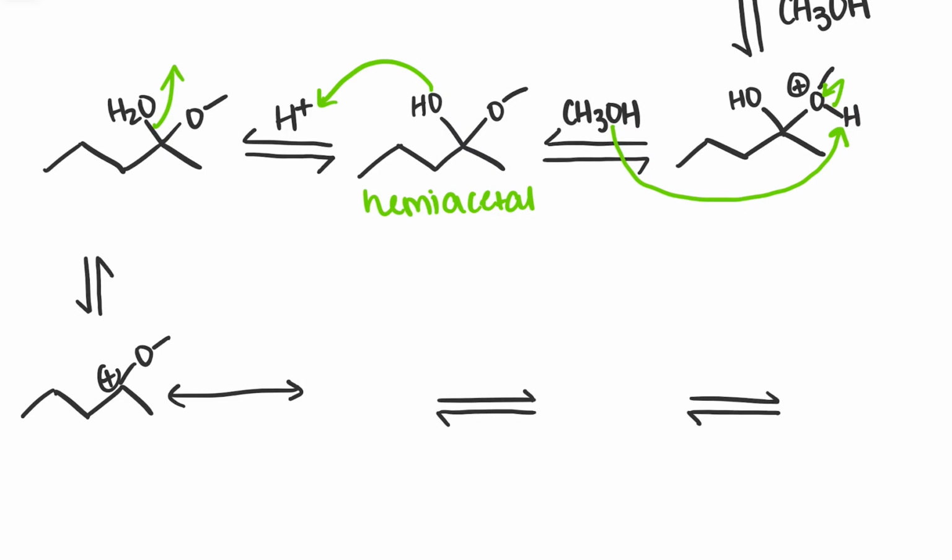So now that water has left, we have formed another carbocation, which is able to do resonance, reforming a double bond to oxygen, and that oxygen now is going to be positively charged instead of our carbon.